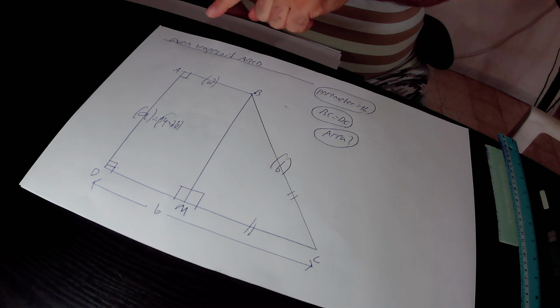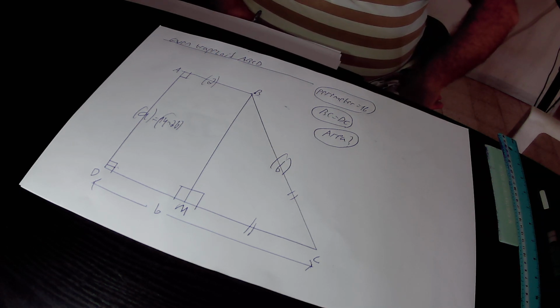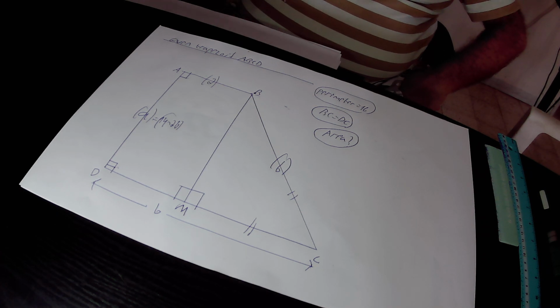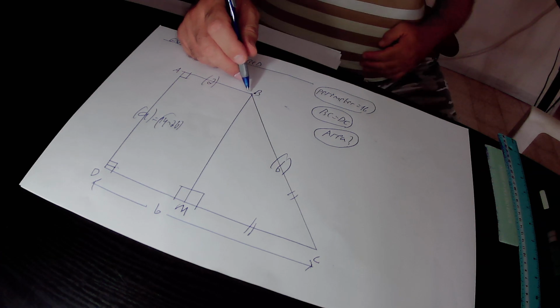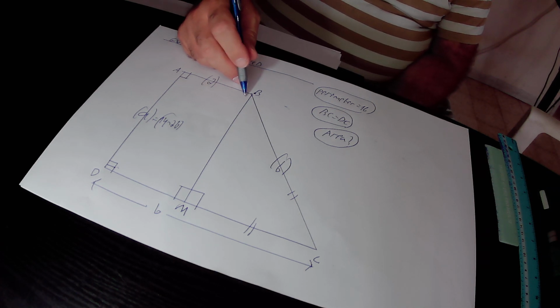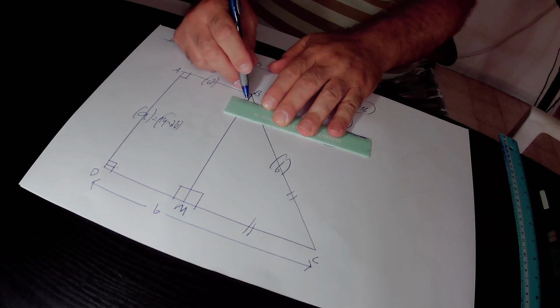So we have 3 right angles inside quadrilateral ABMD. The sum of 3 right angles is 270 degrees. So 270 degrees plus the size of this fourth angle, in total, must be equal to 360 degrees according to the rule that the sum of the angles in any quadrilateral is equal to 360 degrees. Therefore this fourth angle must be equal to 90 degrees in its size.